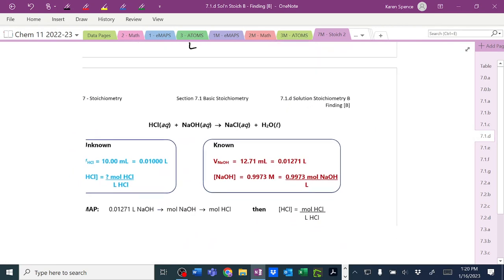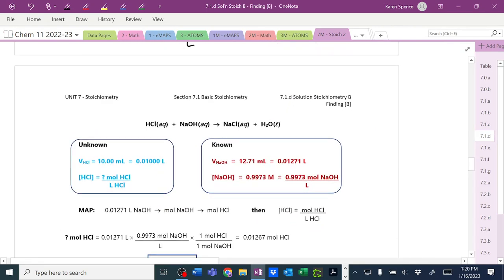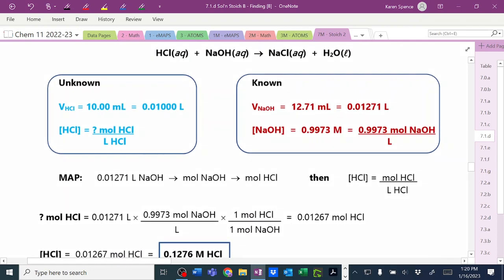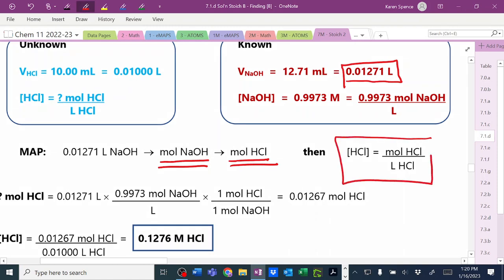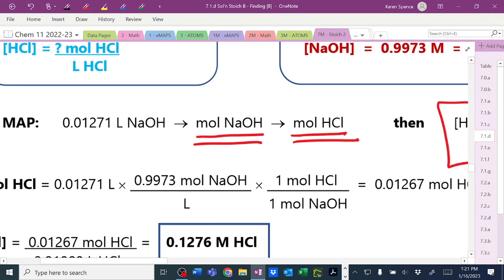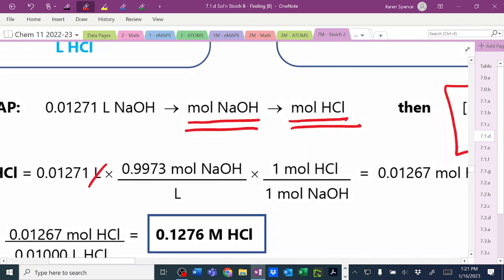So let's take a look at what we've got here. We're going to start with our 0.1217 liters of NaOH, convert that to moles of your known, and then convert it to moles of your unknown, which is the HCl. And then finally, in a separate step, you're going to find the concentration of HCl. So, liters of NaOH times moles per liter of NaOH.